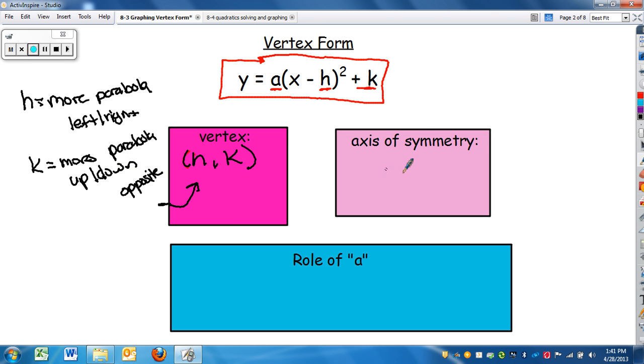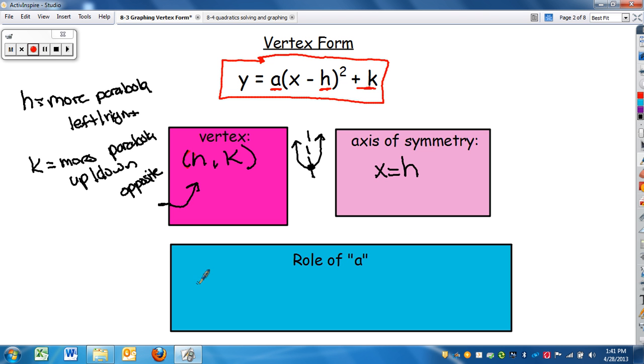Alright, so from here we can find our axis of symmetry, and remember the vertex, think of the parabolas that we've been doing for the past few units, is always on the axis of symmetry. So since this is my vertex, the x-coordinate of the vertex gives x equals h, and remember, h is opposite. So if this was plus 1 in here, this would be negative 1.